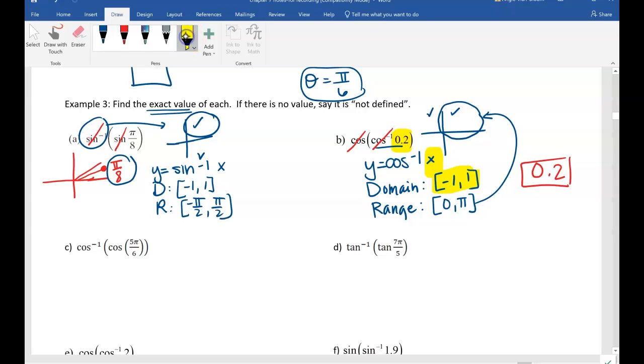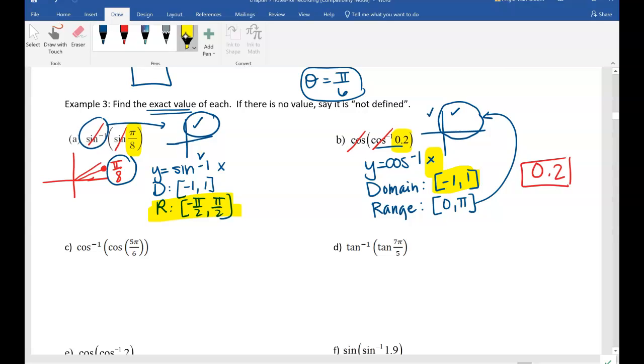Well, this angle right here, class, pi over 8, is not the domain. Okay, I want you to be very careful. It's not the domain of the inverse. It is in the range of the inverse. So pi over 8 is in between -pi over 2 and pi over 2. Therefore, it allows you to cancel.